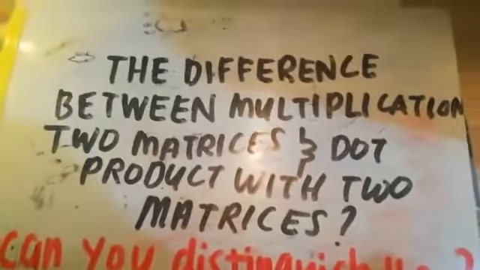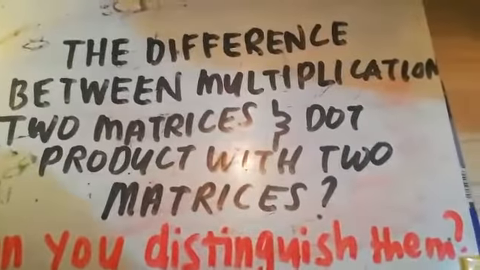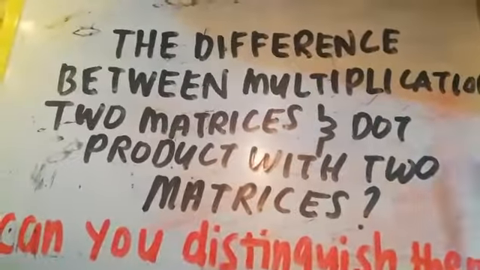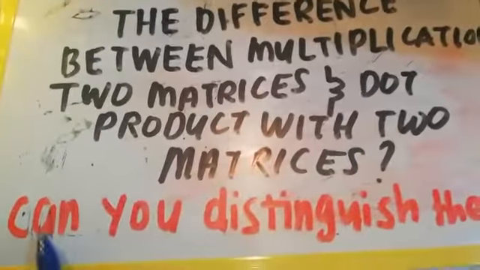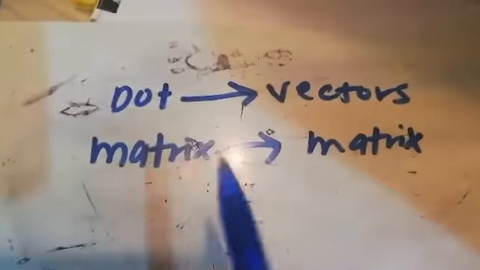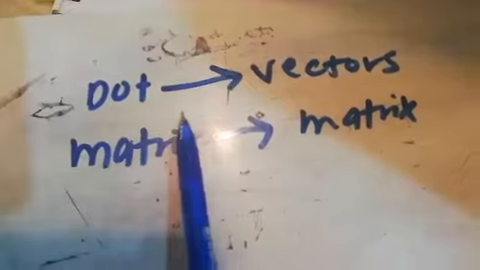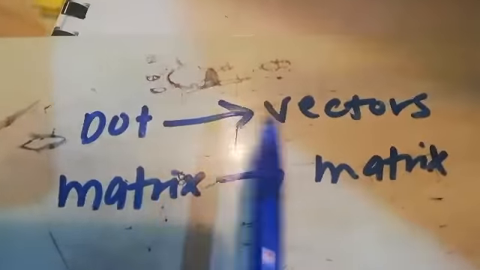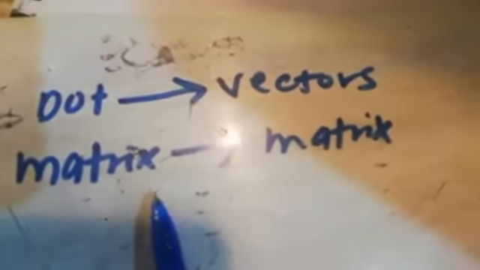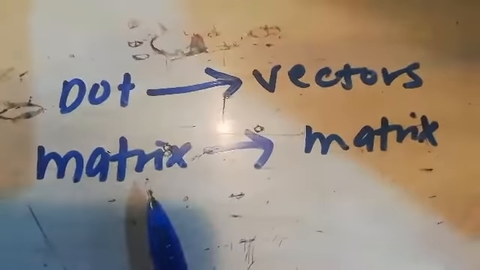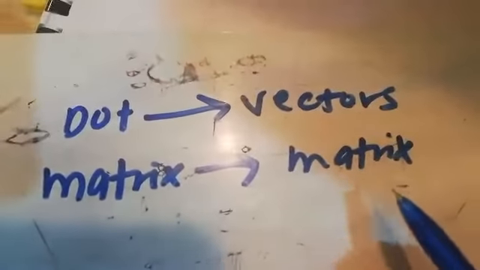Lastly, did you ask yourself what is the difference between multiplication of two matrices and the dot product? Can you distinguish them? The first difference I see is that the dot product is originally for two vectors, meanwhile matrix multiplication is for two matrices.